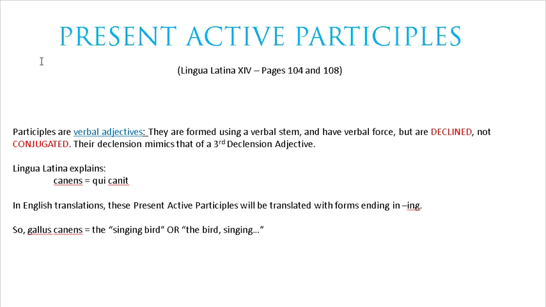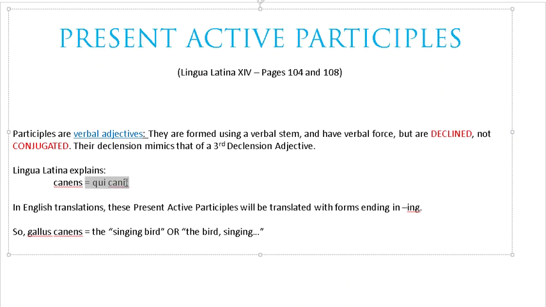So if you were to look, for example, at what Lingua Latina says on the side, it says canens equals qui canit, right? But typically, if you're translating a participle in English, you don't want to give it the force that this relative clause would have right here. You wouldn't want to say Gallus canens and translate the rooster who sings.